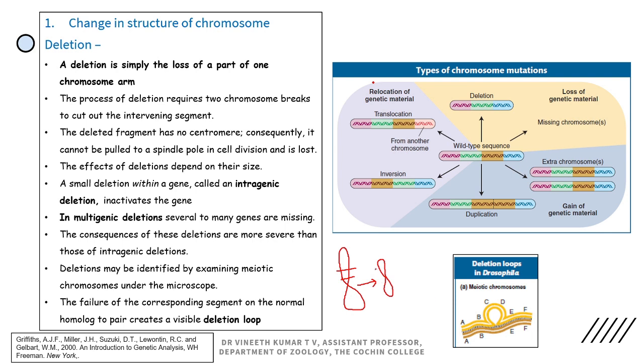If you consider humans, we have homologous pairs. Consider that one of the homologous pair is affected. So if this is chromosome number 1, you have two chromosome number 1, and deletion happened in one of the homologous pair, and the other homologous chromosome is normal, the larger one, and this is the one which has that deleted portion.